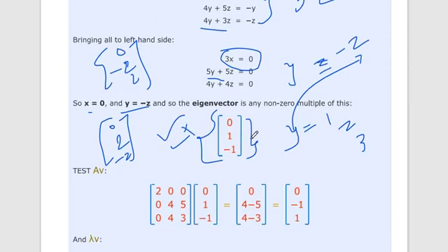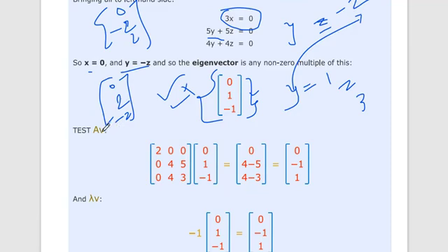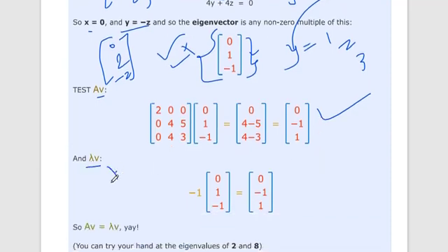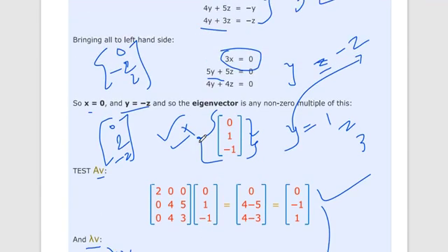Now let's check whether this is true or not. If we multiply the matrix with the column vector 0 1 -1 and do the matrix multiplication, we get 0 -1 1, and when we find lambda v we get the same answer. Okay, so this is an eigenvalue and eigenvector.